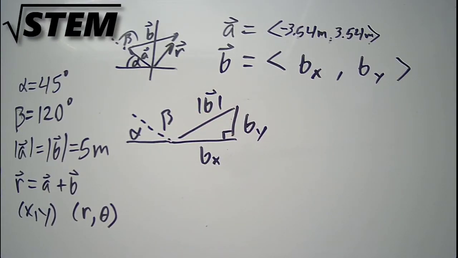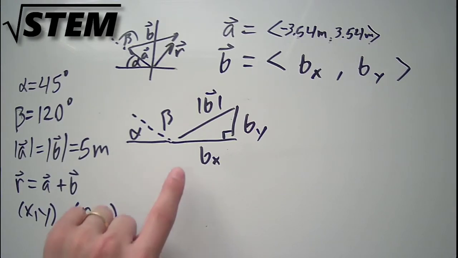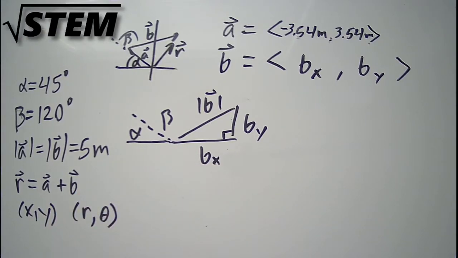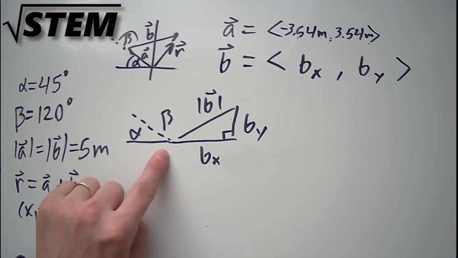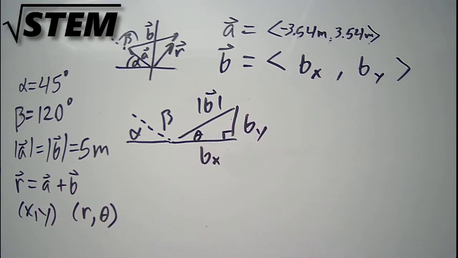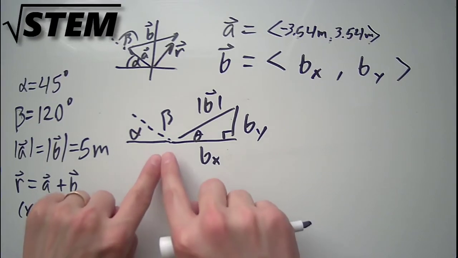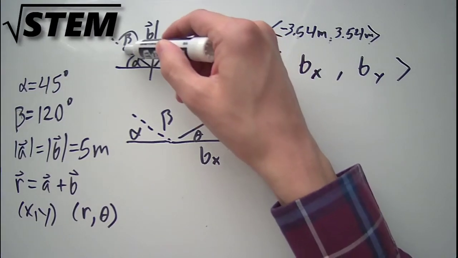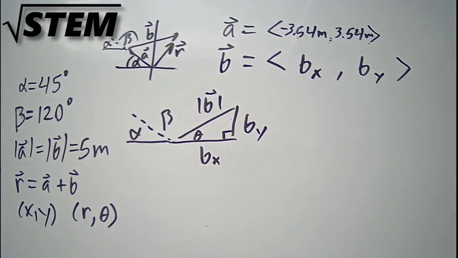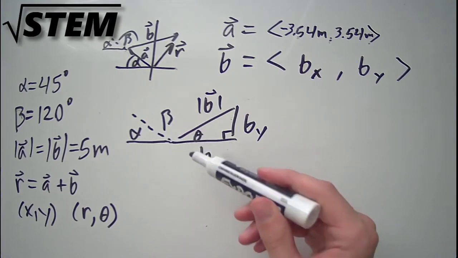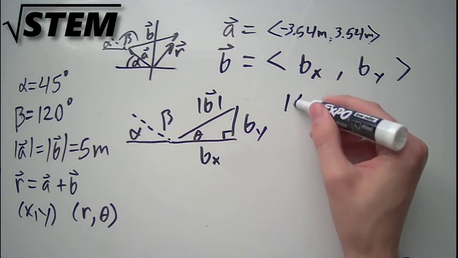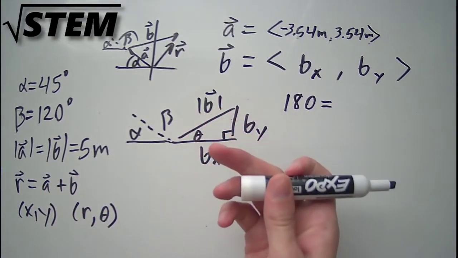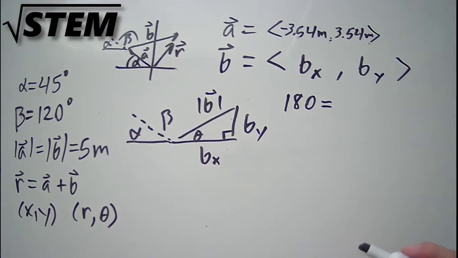Now this one is not as straightforward as A because we don't really have the angle that's inside of here. There's probably multiple ways you could go about getting this. What I think is going to be easiest is to call this some new angle, theta, and then because this makes a straight line, alpha over here, coming off of that, beta over the top, and then theta on the other side, we can say that the sum of those three angles is 180 degrees, because a flat line has 180 degrees across it.